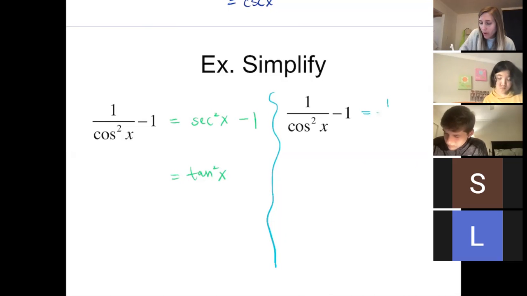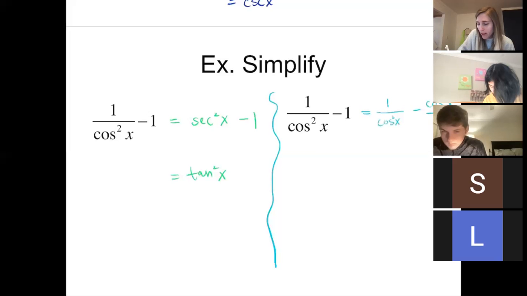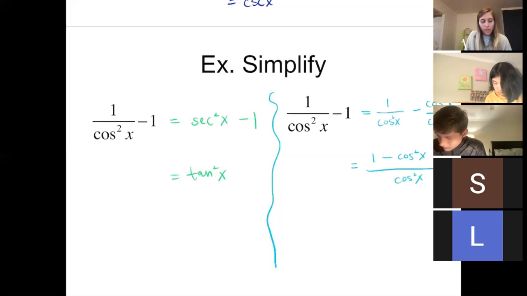Just to write that in multiple steps, which you wouldn't necessarily have to. So as a single fraction, that's 1 minus cosine squared over cosine squared.